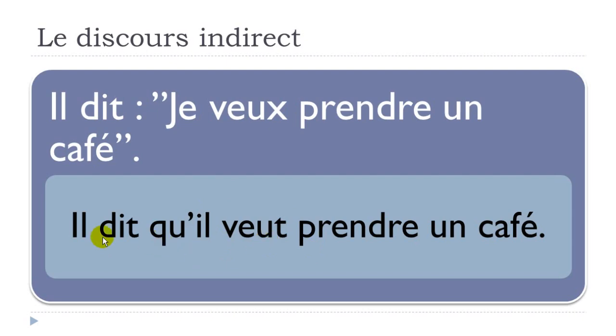So in that case, il dit qu'il veut prendre un café. And of course, as usual in French, this que, if there is a vowel after, remember this will have to go away, so you will get this qu'il. Il dit qu'il veut prendre un café. Okay, so this is the discours indirect, the indirect form of il dit je veux prendre un café. It will be transformed like il dit qu'il veut prendre un café.